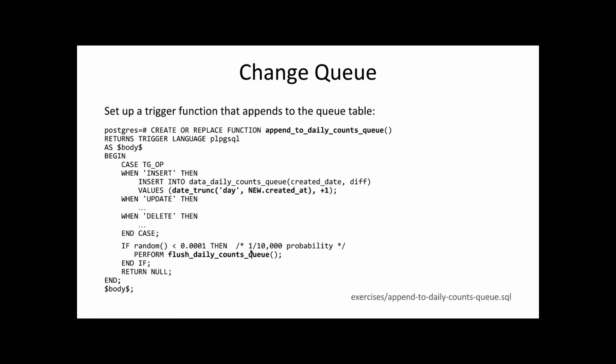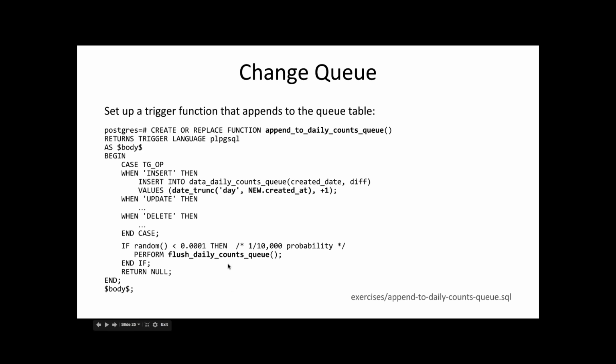Now, what we've done here is not necessarily the best way to do it, but it has some benefits. At this point, we check, well, 1 in every 10,000 times on average, with some random probability, we'll actually flush the queue.